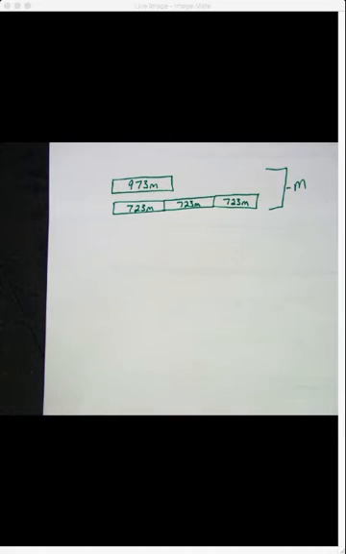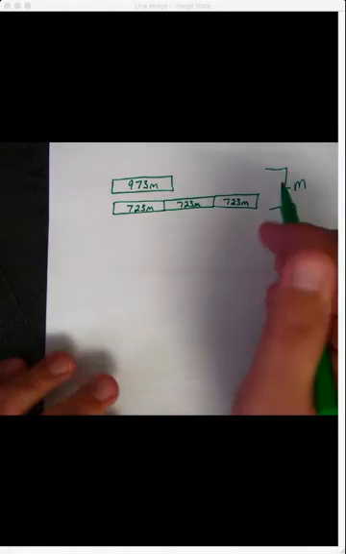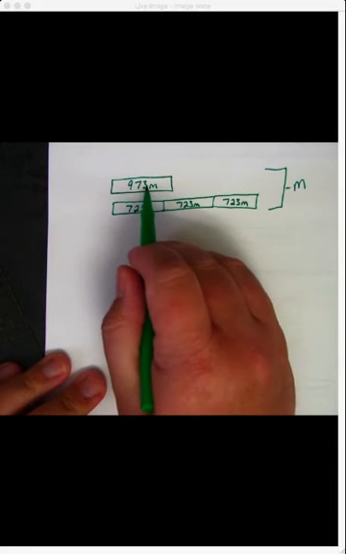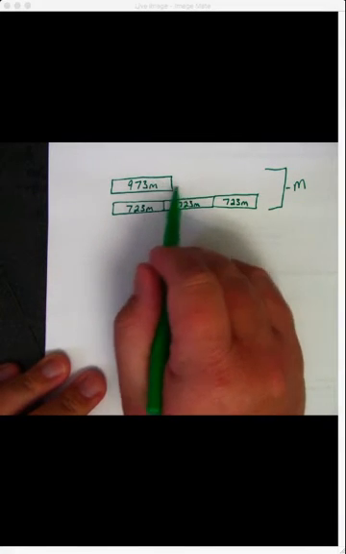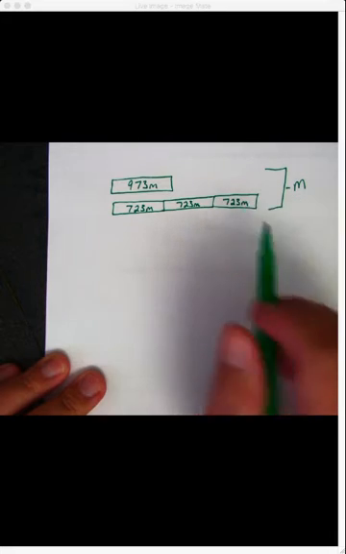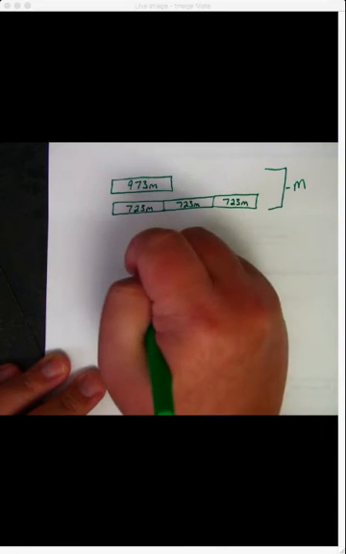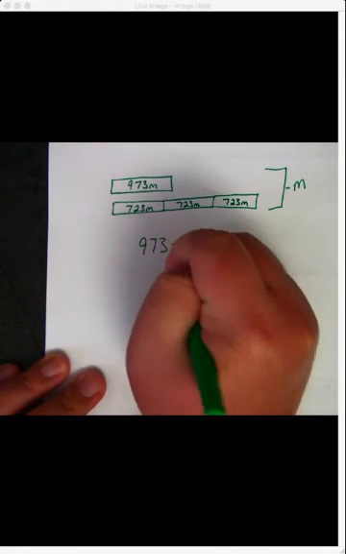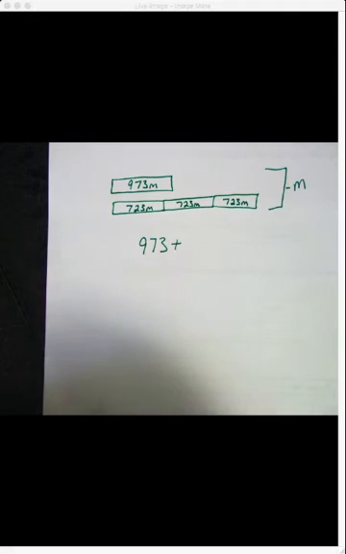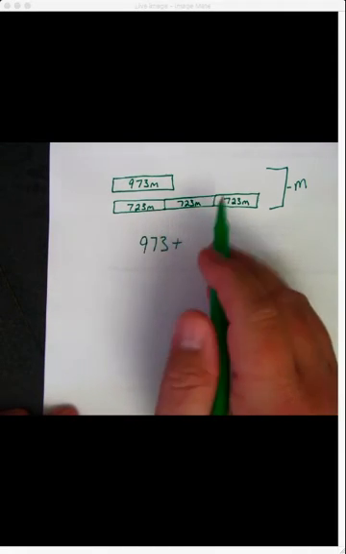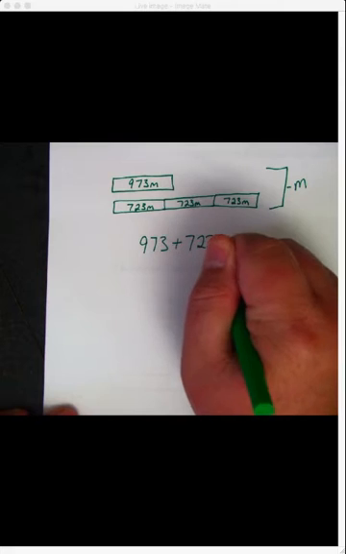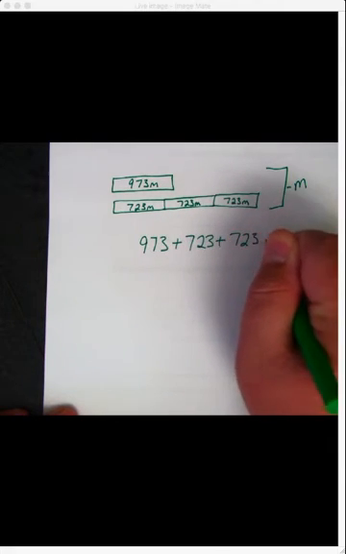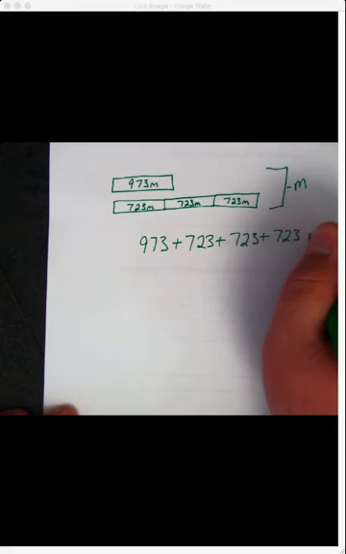Let's keep going. So we're looking at what kind of equation we could write that would allow somebody to find the value. So what we're going to see is this. 973 plus all of these will give us m. So let's write it out. 973 plus, now we could do plus 723 plus 723 plus 723 equals.